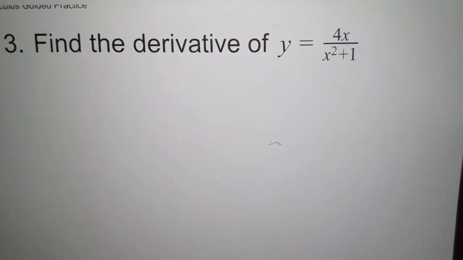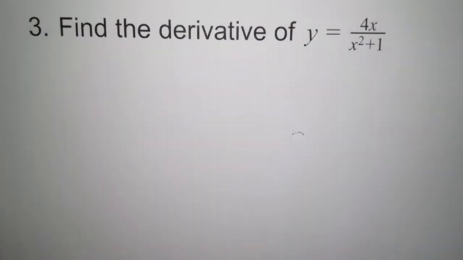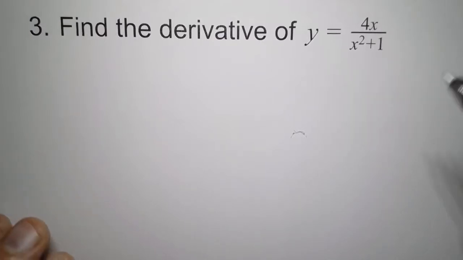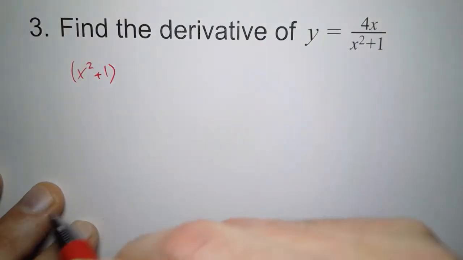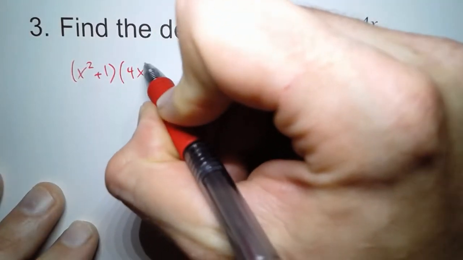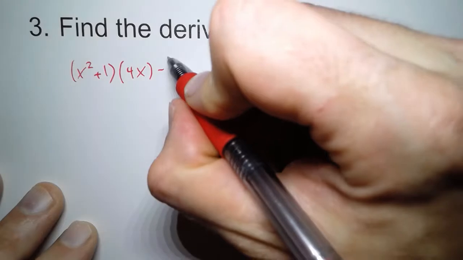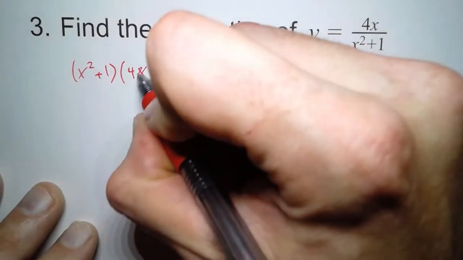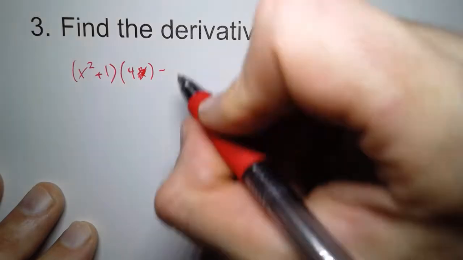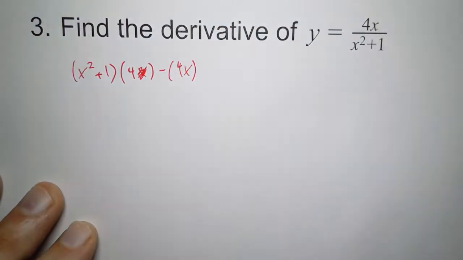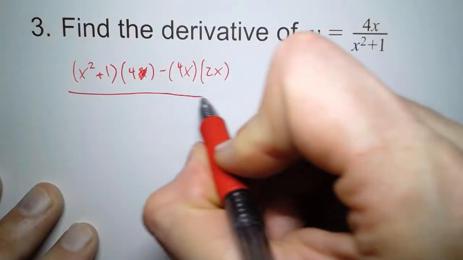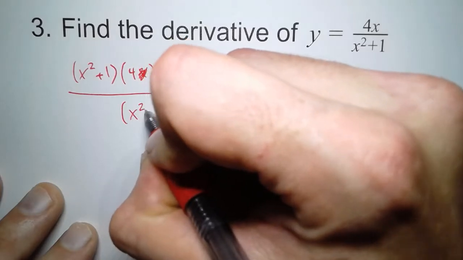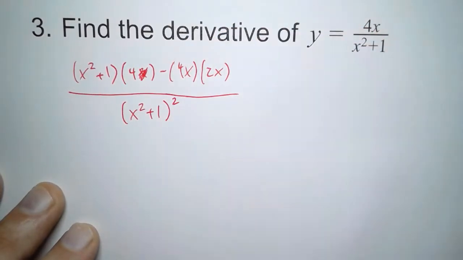For this one, we can't simplify it because we have two terms in the denominator. So quotient rule says low d high: we take the denominator, x squared plus 1, times the derivative of the numerator, which is 4x, the derivative is just 4, minus high 4x d low, the derivative is 2x, all over low low, x squared plus 1, and that's going to end up being squared.